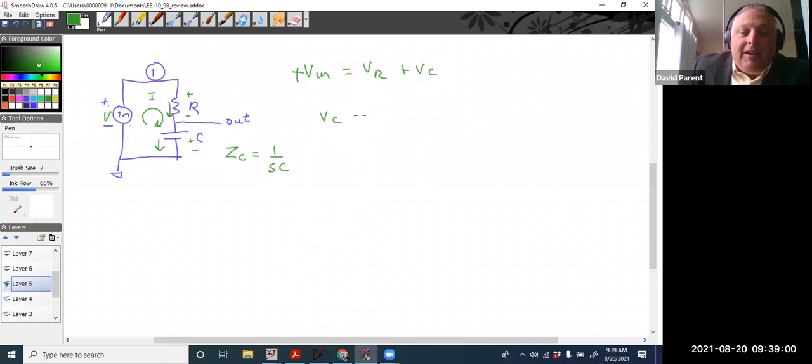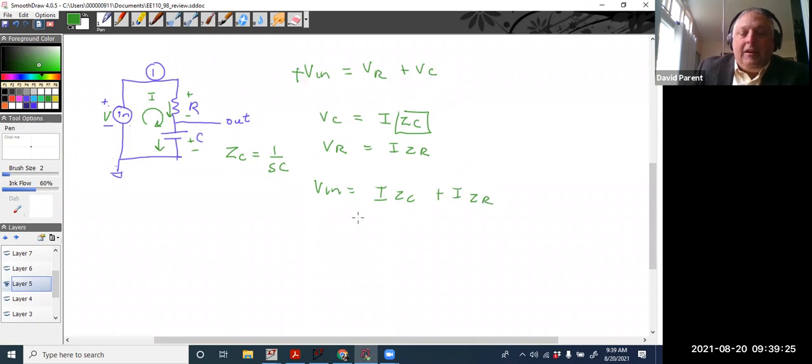So VC is going to be equal to I ZC, and VR is equal to I ZR, right? And I'm just going to leave those there. So V in will equal I ZC plus I ZR. And so I equals V in over ZC plus ZR.